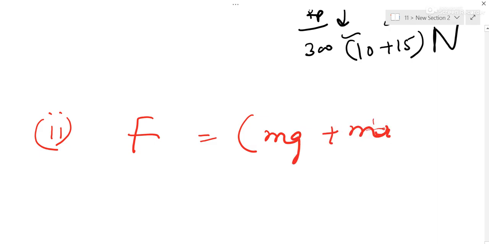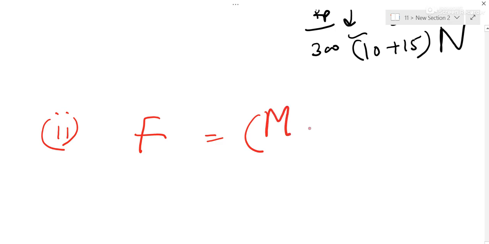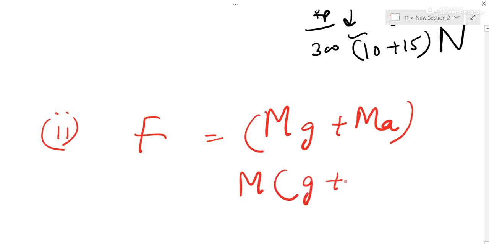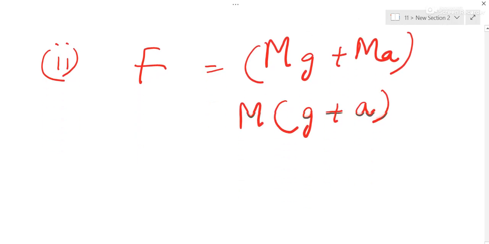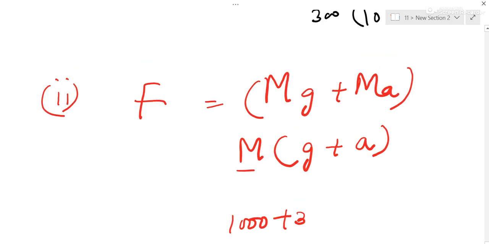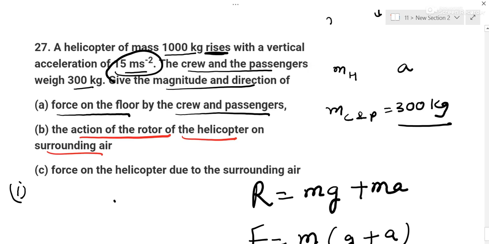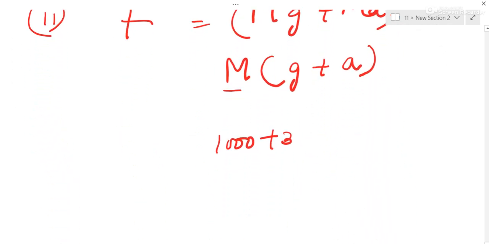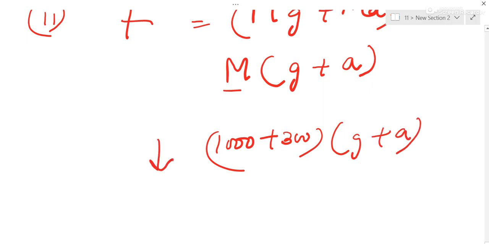Weight plus something being added, like the case of an elevator, but this time you will have to take the total mass, that is mass of helicopter plus crew and passenger. The helicopter's mass is 1000, and the crew and passengers is 300. You will take both, 1300 into g plus a. Okay, and this force is downwards.